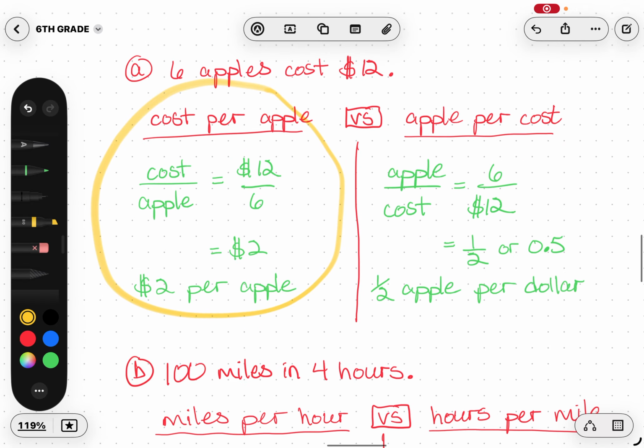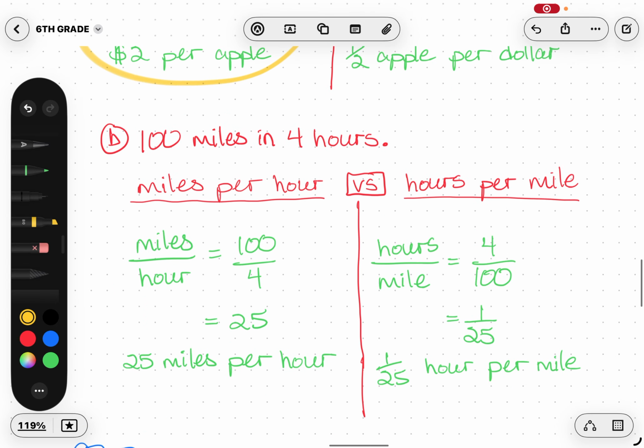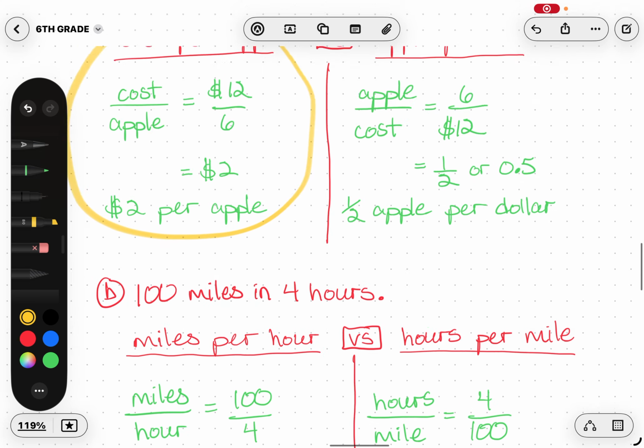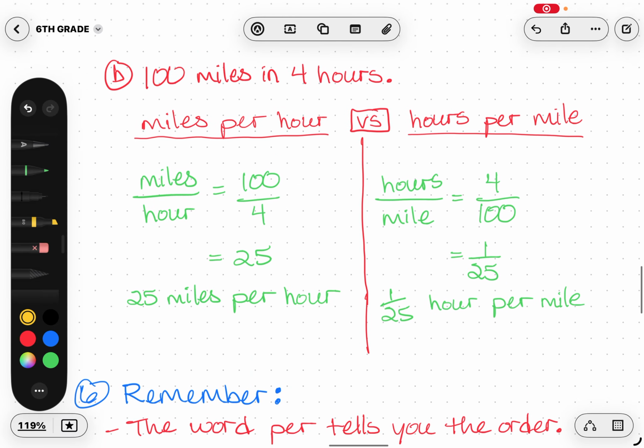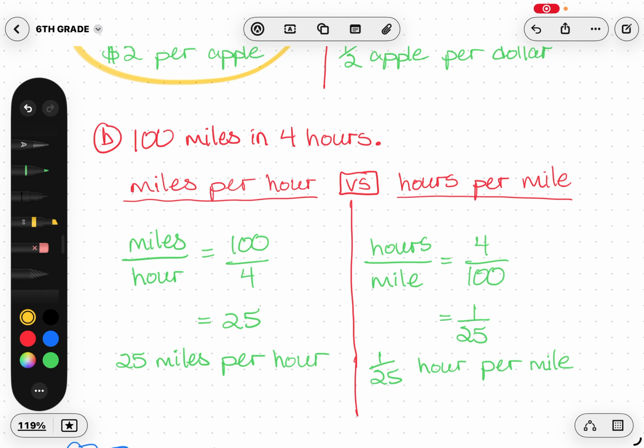Let's take a look at another example. Example B says 100 miles in 4 hours. Remember, the whole point of all this is to emphasize that order matters when you're dividing to find a unit rate. If the unit rate said miles per hour, then we would do 100 divided by 4, which is 25, so it would be 25 miles per hour.